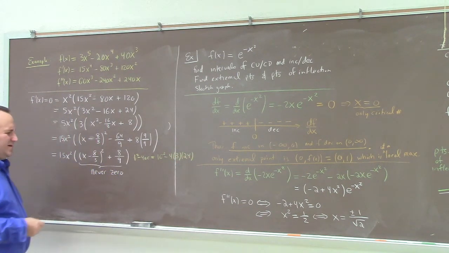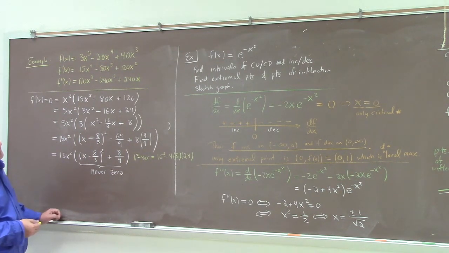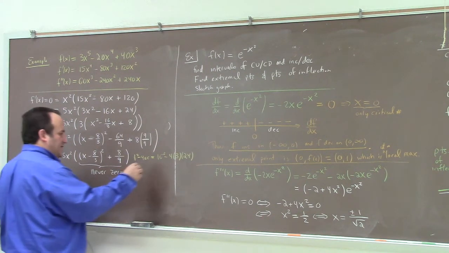And 16 squared, what's that? It's 160 plus 6 times 16? 6 times 16 is 96. 256, I think 256, yeah.